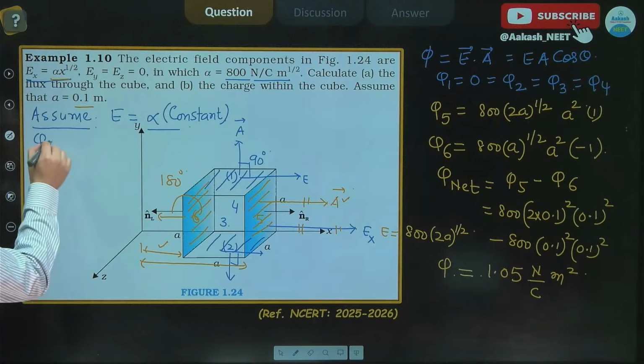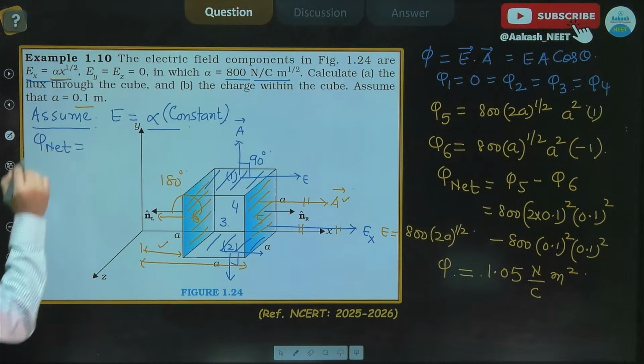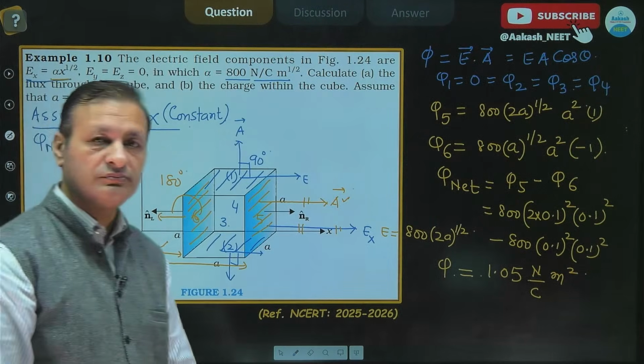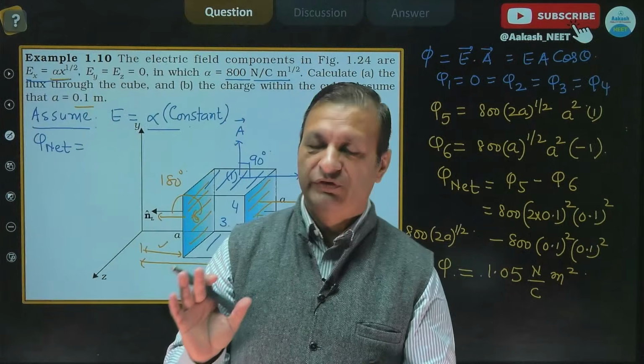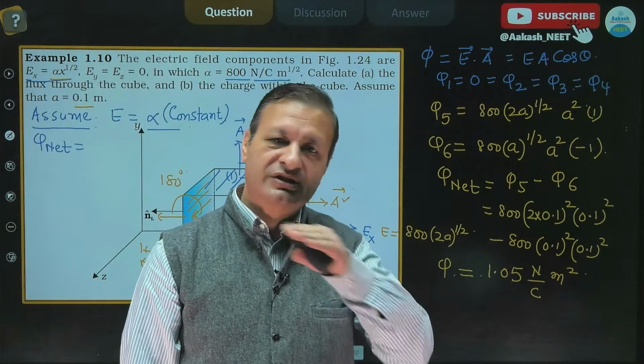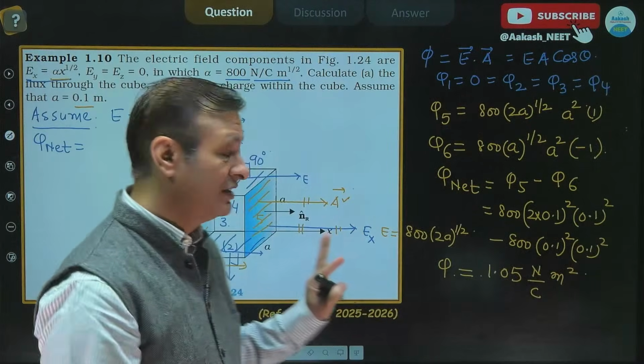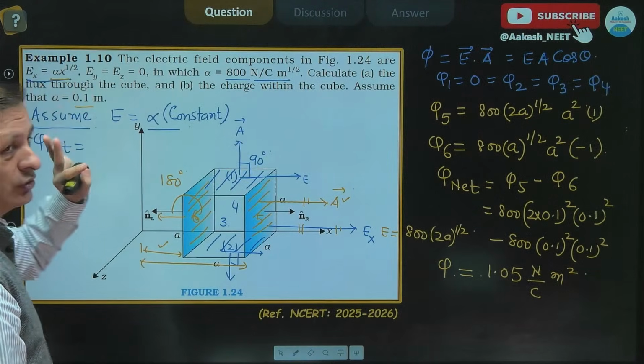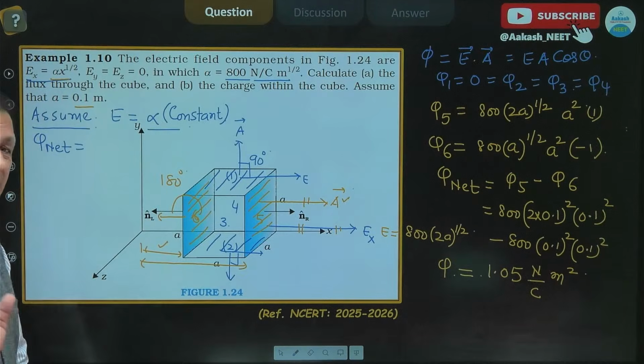Then what is the net flux through this cube? If I give you the electric field as constant, it is still directed along the x-axis only, but numerically it is constant.